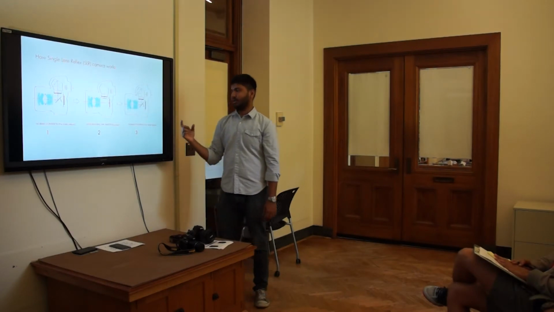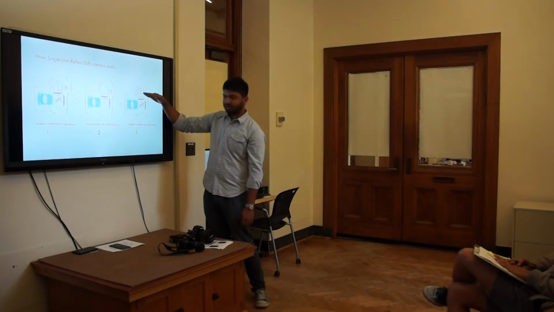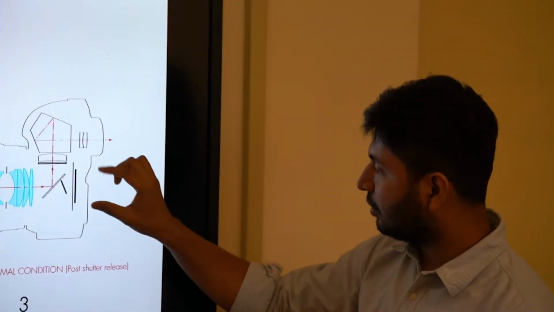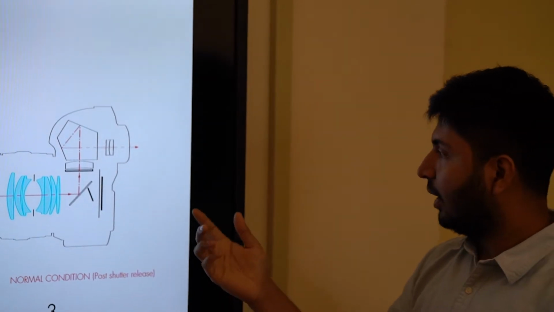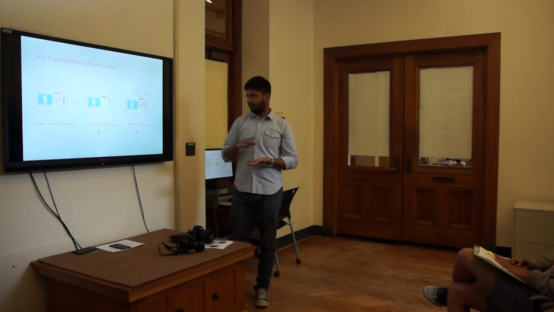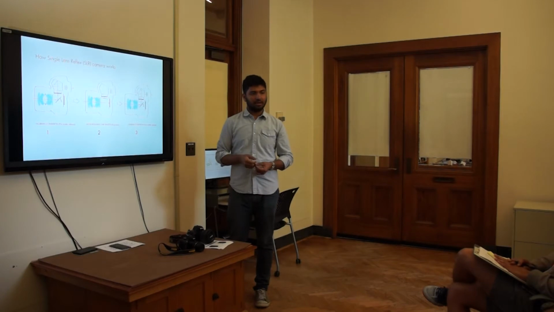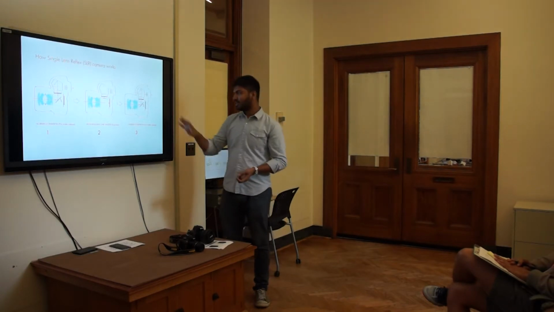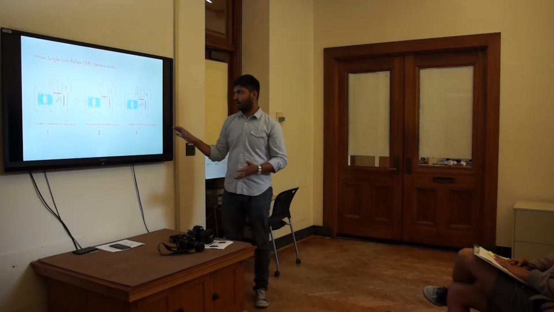And once you click the shutter release button, this mirror goes up and the shutter opens up, exposing the sensor or film. And then when you leave it, it will go back to its original position. So the time period between opening and closing shutter is nothing but shutter speed. So this is how any SLR works.